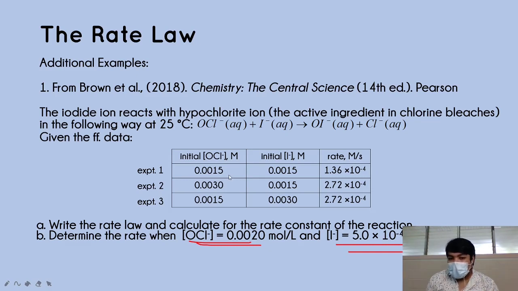So that means only the initial concentration of hypochlorite is varied. Now if you notice, from 0.0015 in experiment 1, it's doubled to 0.0030 in experiment 2. Now the rate, what happened? It increased from 1.36 to 2.72 times 10 to the negative 4.